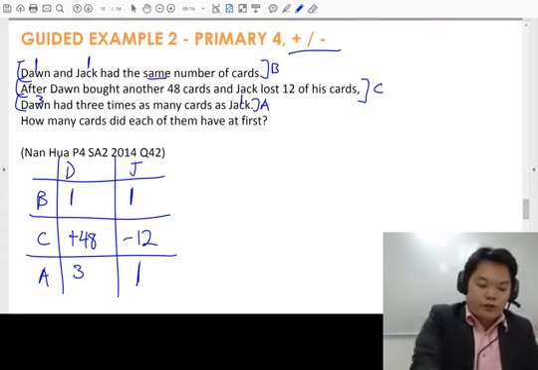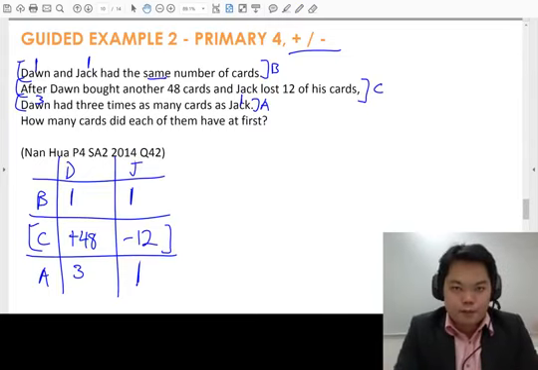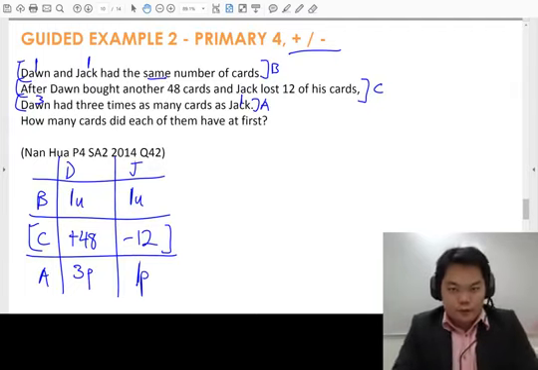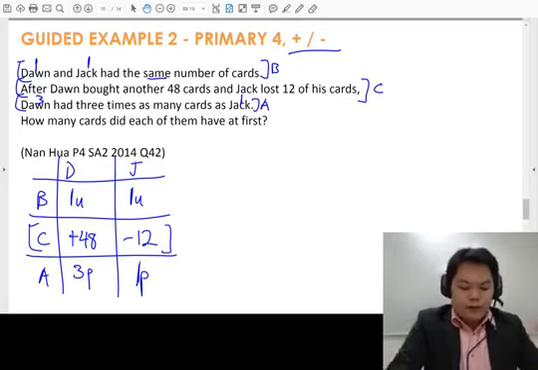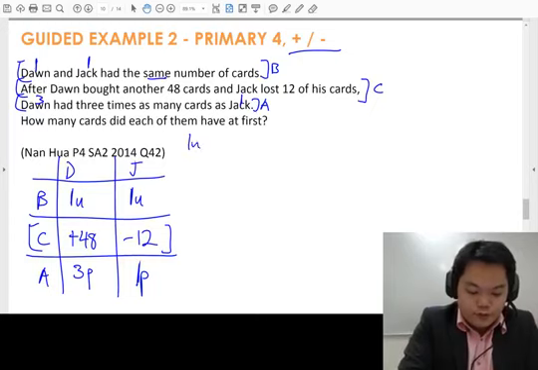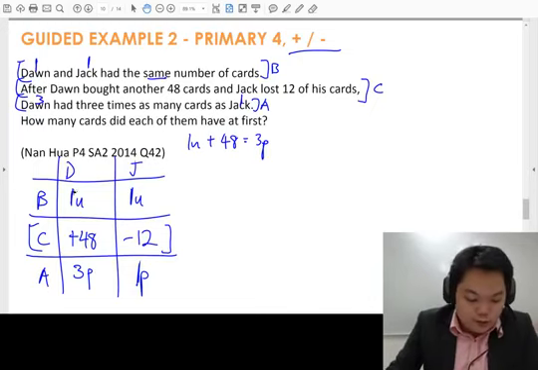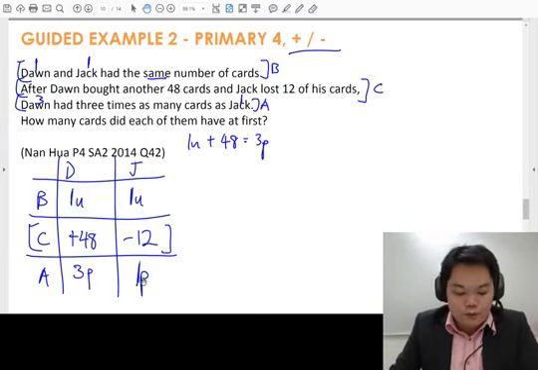We observe the change rule and we see that we have different numbers. So when we have different numbers, we need to use units for before, parts for after, because the 2 proportions are now different. Then we write out the 2 statements first. 1U plus 48 is equal to 3 parts. That is for Don. And for Jack, that will be 1 unit minus 12 to give you 1 part.